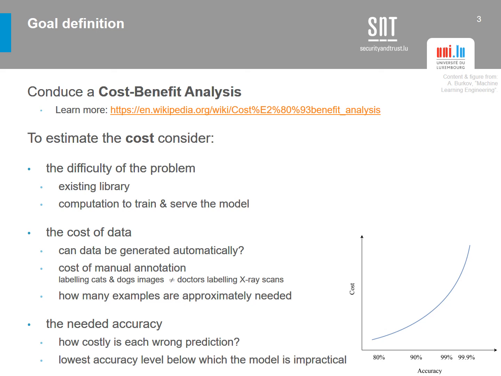If we have to label our data, what is the cost associated with it? We can think that if we have to label images and say if it's a cat or a dog, it's not the same cost as if we have to ask well qualified doctors to label X ray scans.